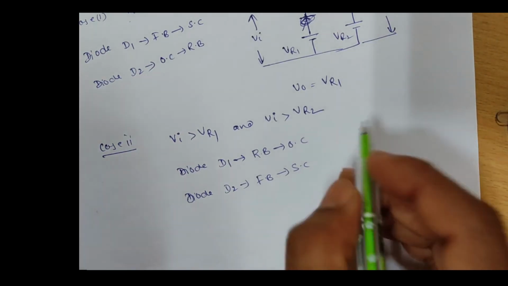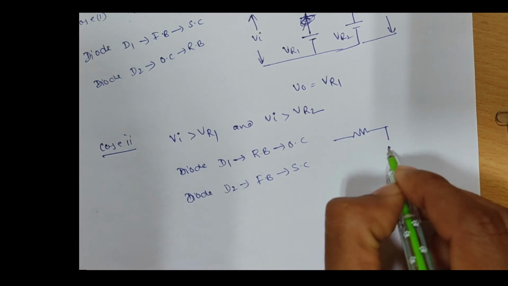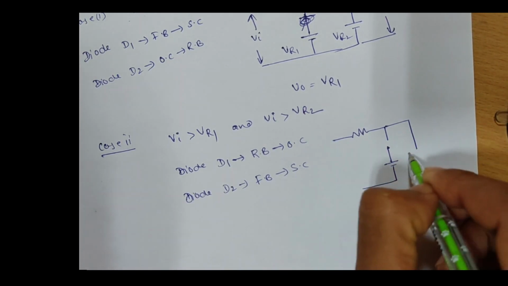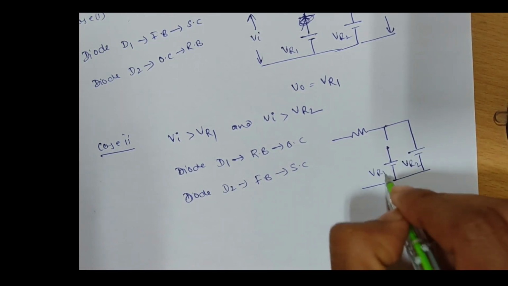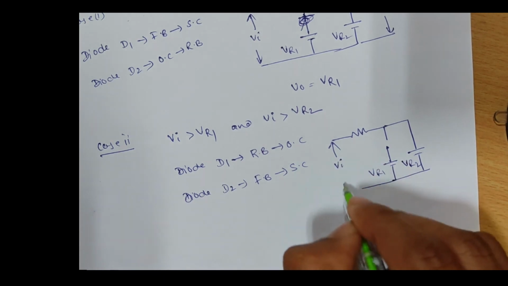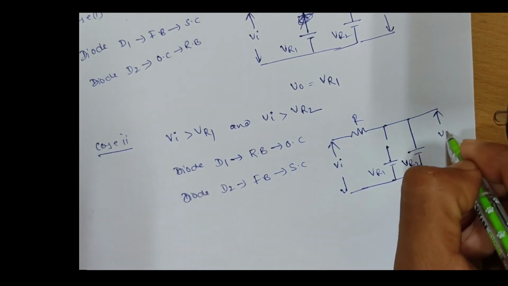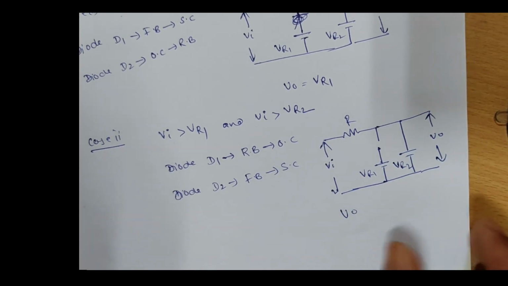Then we can draw the equivalent circuit like this. VR2, VR1, this is Vi, this is R, this is V0. From this we can write the output waveform.